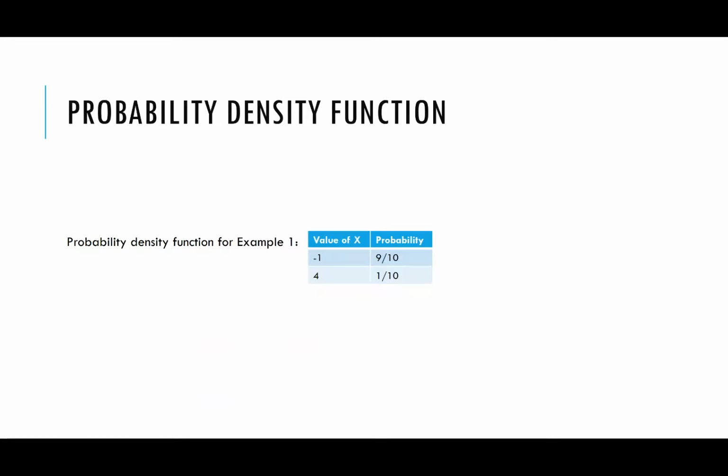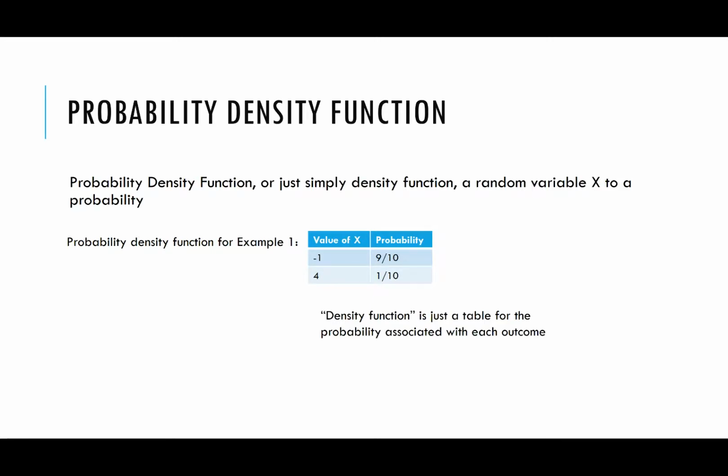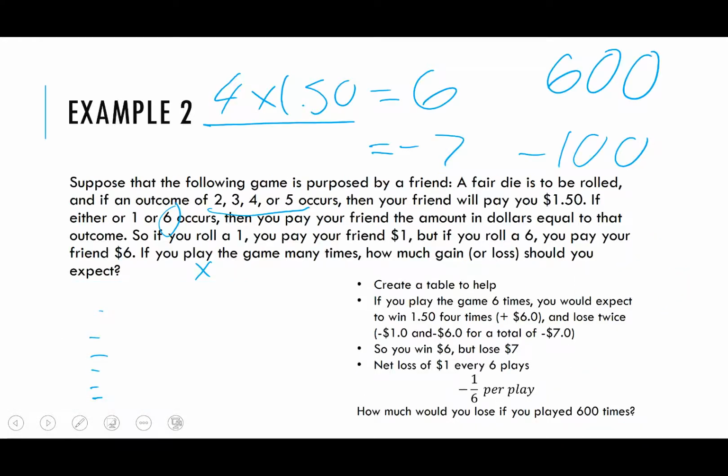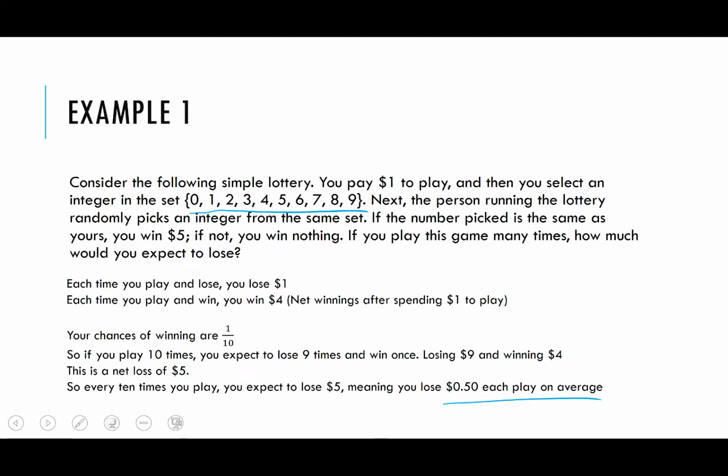So if you go back to the very first problem we did where we play that lottery, the random variable is losing $1 or winning $4. In that lottery, you either win, which means you get $4, or you lose, which means you lose $1.